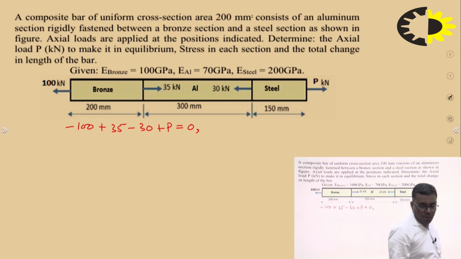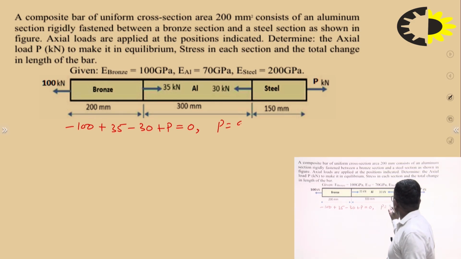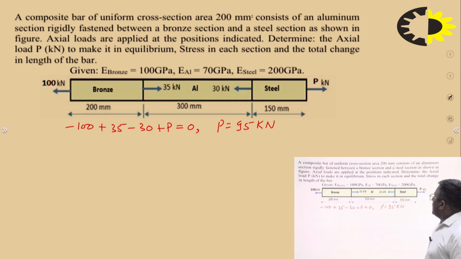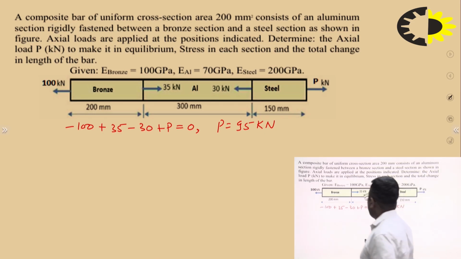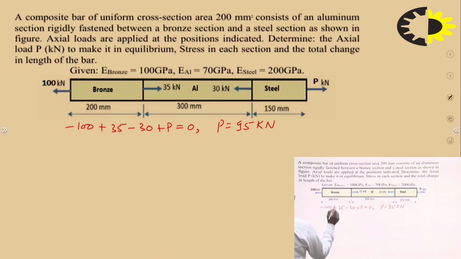P is coming out 95 kilonewton. Now, what else is asked? Stress in each section. So let's consider the sections one by one. First, I am considering the section bronze.